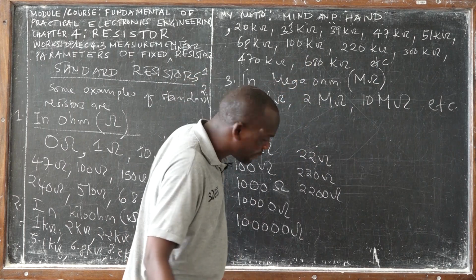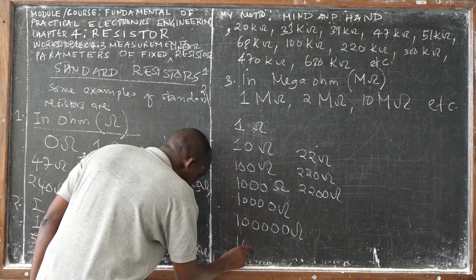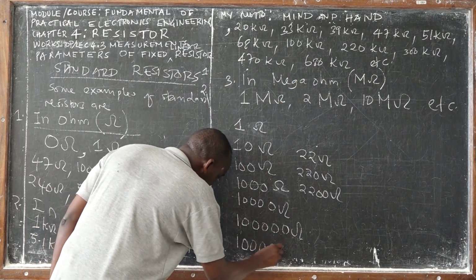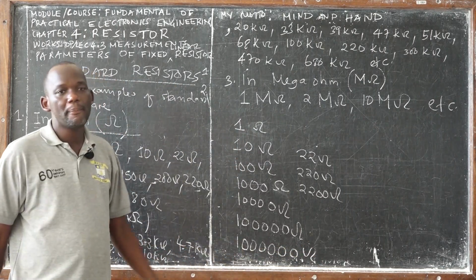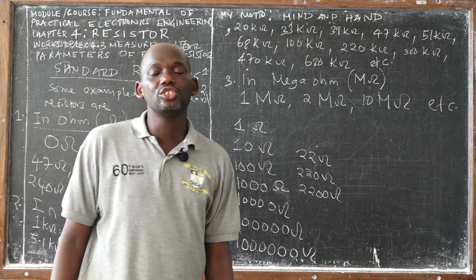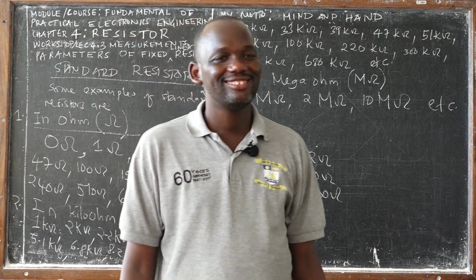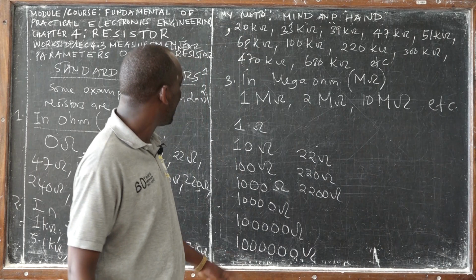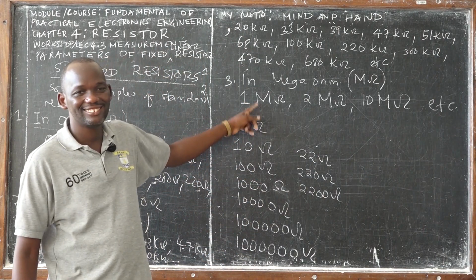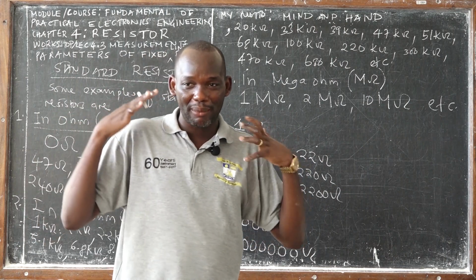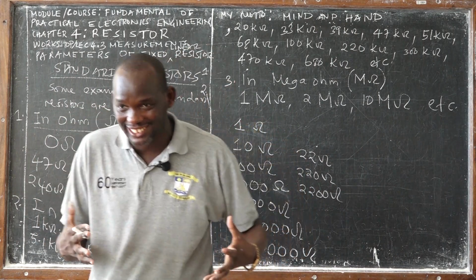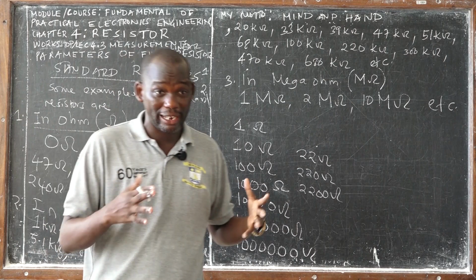Then we add another 0: 1 followed by 6 zeros. This makes 1 million ohm. 1 million ohms is equal to how many mega ohm? 1 mega ohm. And where is it? You see? So for you to remember resistance, if you are serious, it's simple, but you have to practice.